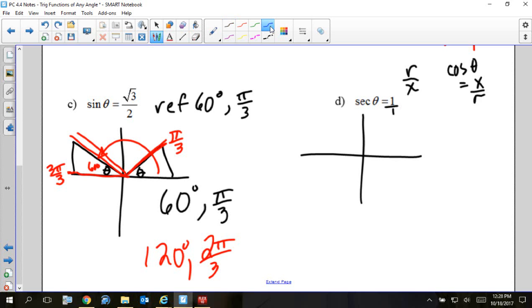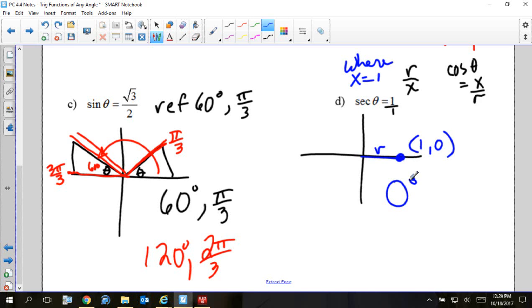So we need to find where X is 1 and where the radius is also 1. That would be at what degrees? 0 degrees, or what? Would 180 work?